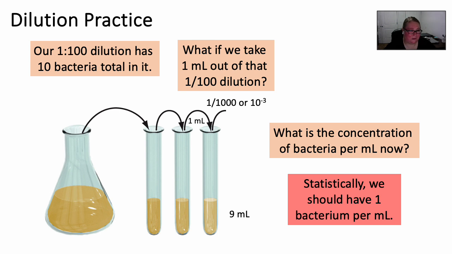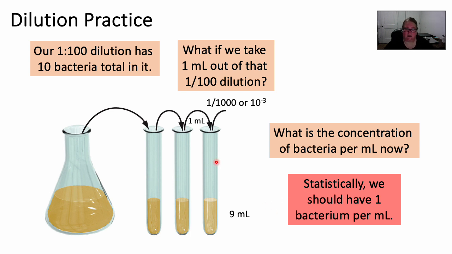Well, we had 10 bacteria in our 1 to 100. We took 1 milliliter out, we diluted it to 10 milliliters, so we have 10 divided by 10. So statistically, on our 1 to 1,000 dilution, we should have about 1 bacteria per milliliter in our concentration.